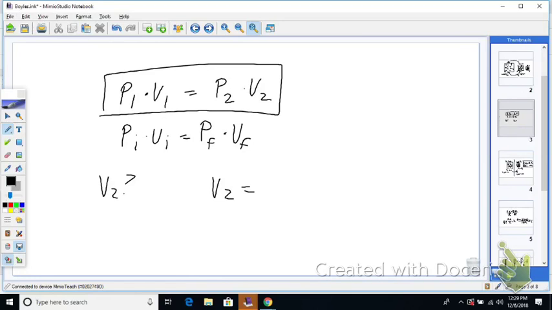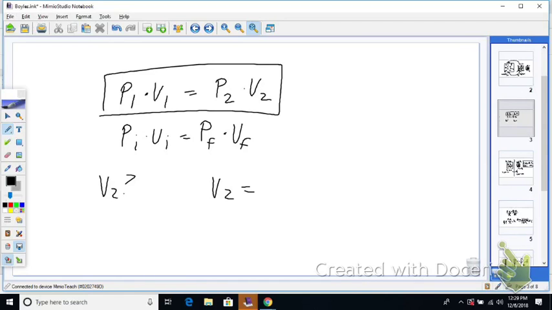So V2 equals what? What's multiplied on the other side? P1 times V1? Minus P2? Not minus. Divided by. Okay, because we're multiplying, so we don't subtract. If you're adding, that would be something you could do. So it would be P1 times V1 over P2. Go ahead and solve for that.